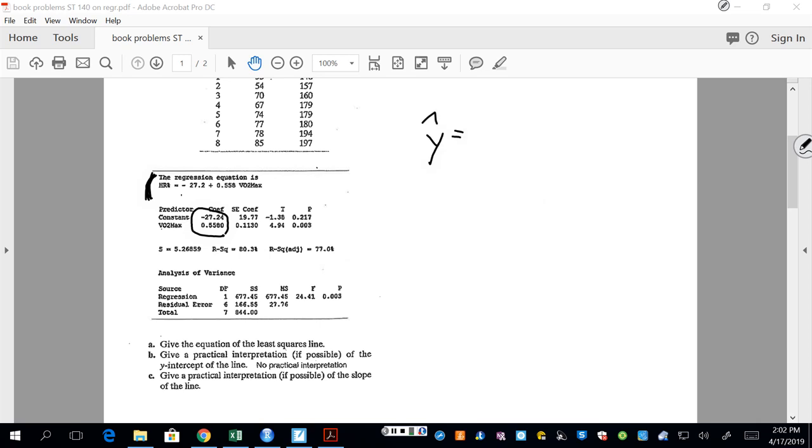So instead of constant, R calls it intercept. Negative 27.24, and then plus 0.558 times x is the equation for predicting.